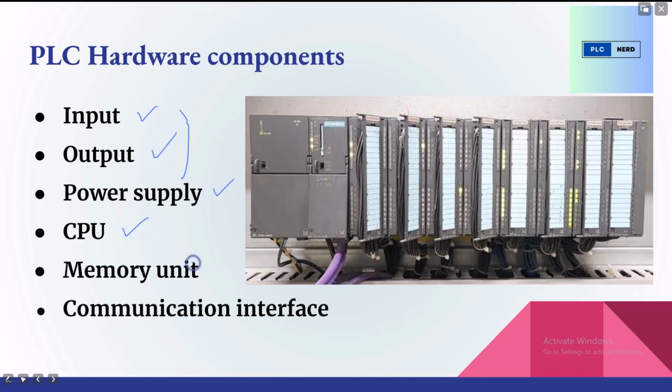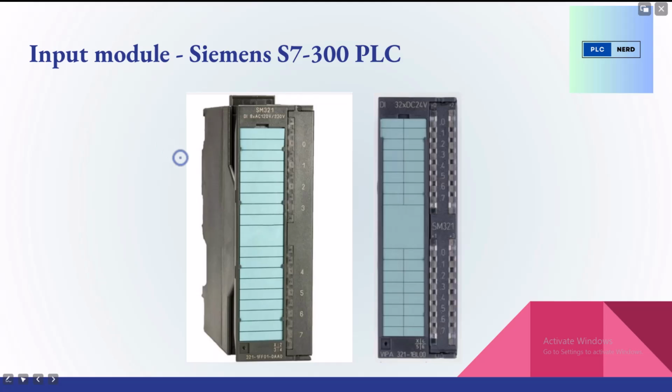We have a CPU which processes data stored in the memory according to the program. And we have a communication interface because we have to network the PLC and interface some devices with serial cables, etc. So these are the main hardware components of a PLC. Let me explain each of the PLC hardware components one by one.